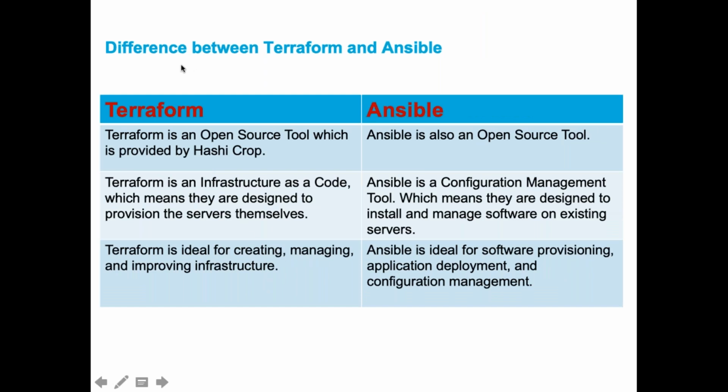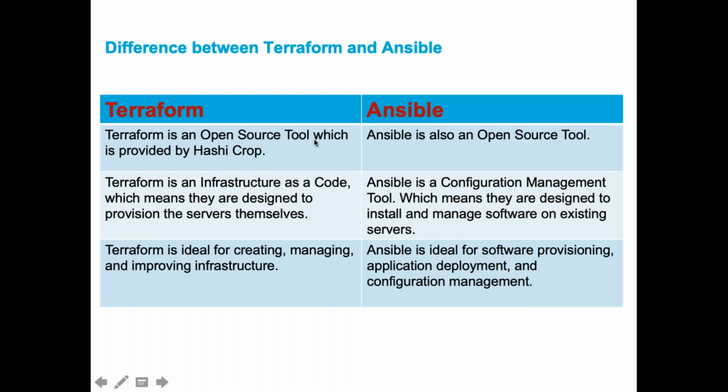Next slide. See here, we are going to discuss the difference between Terraform and Ansible. So this July batch still doesn't know what Ansible is, right? Don't worry, we are going to discuss Ansible. Just now you can see the difference between Terraform and Ansible.